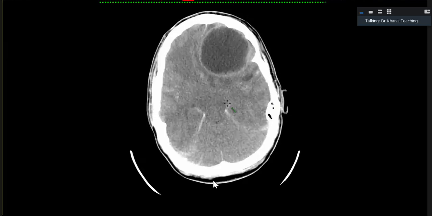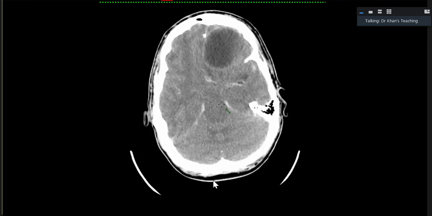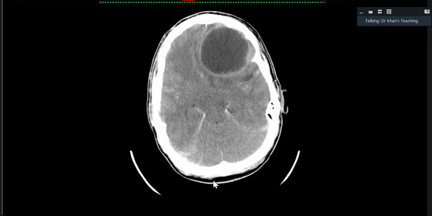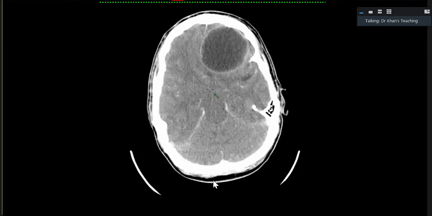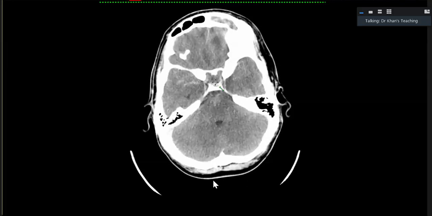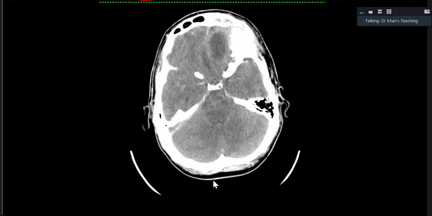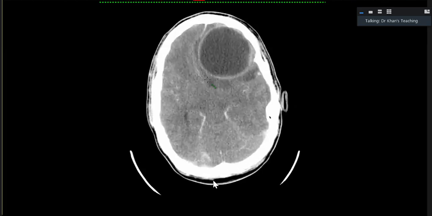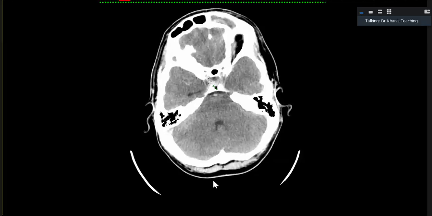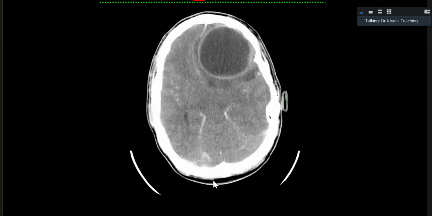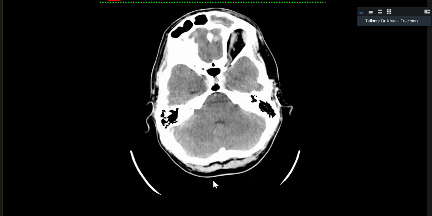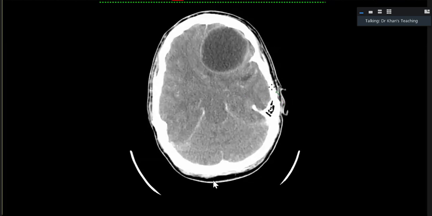The midbrain is compressed, all the cisterns are effaced, and the suprasellar cistern is completely effaced. Suprasellar cistern effacement is taken as a sign of transtentorial herniation. So one can argue that this might be bilateral transtentorial herniation, more marked on the left side.